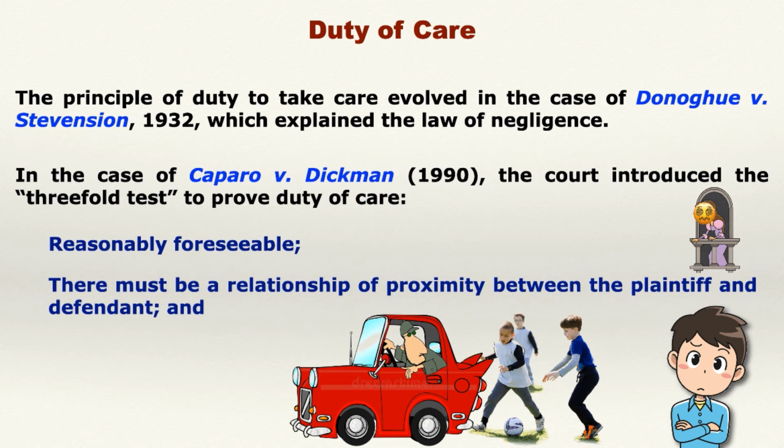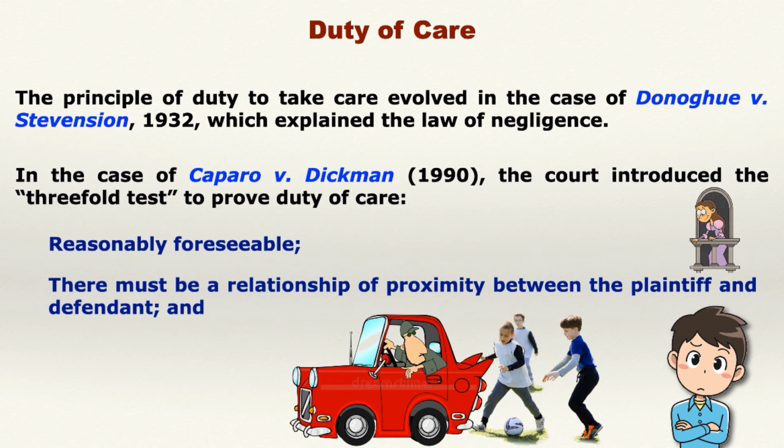But whatever she had seen, she thought that her son was hit by that car and she fainted. So if anything happened to that boy who was playing in that parking lot, this gentleman who was taking back his car is responsible. As you can see, there must be a relationship of proximity between the plaintiff and defendant. So there is a relationship of proximity here between that boy and that driver.